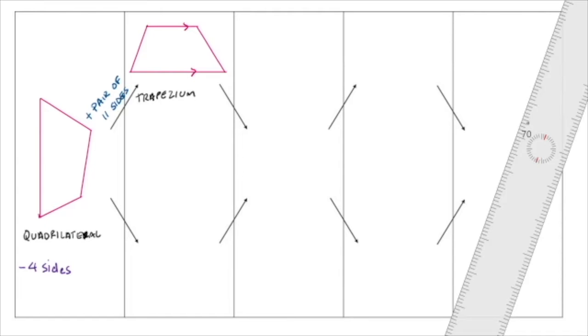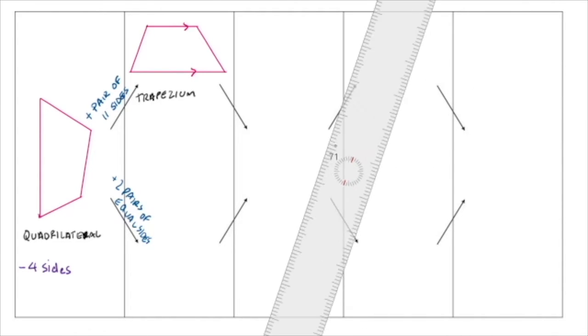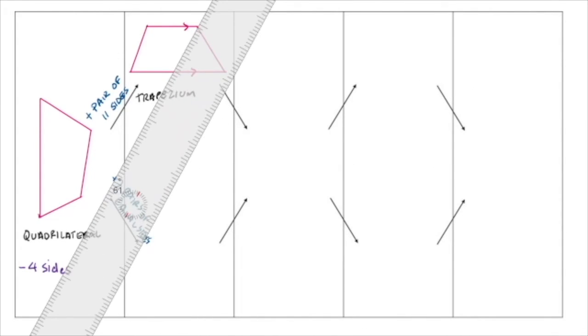The property we're going to add is pairs of equal sides. We're going to add two pairs of equal sides. That's going to give us a pair at the top that are equal and a pair at the bottom that are equal, and that's going to give us an entirely new shape, a bit different to our trapezium.